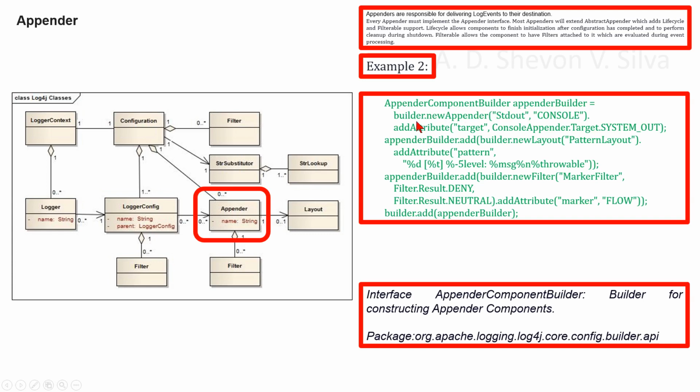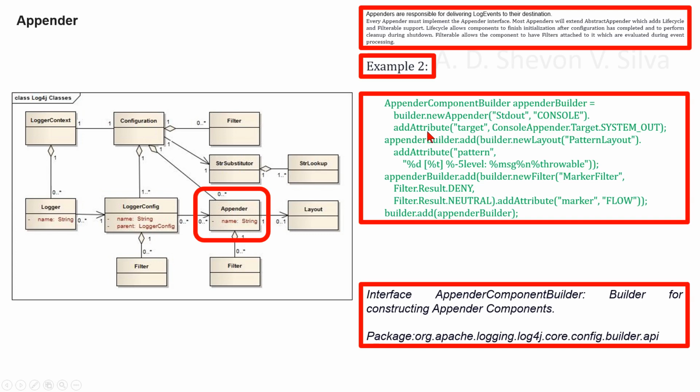Here, with the ConfigurationBuilder newAppender with a string name and a string plugin name, this returns a builder for creating an appender component builder.